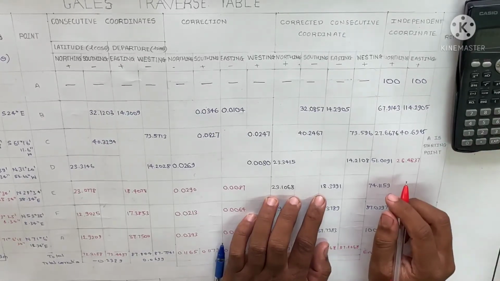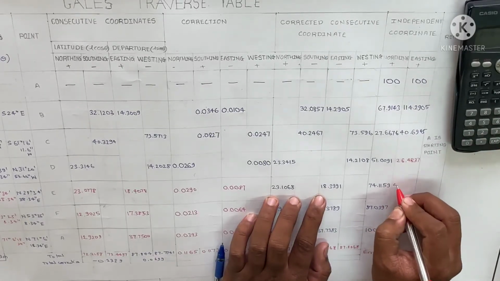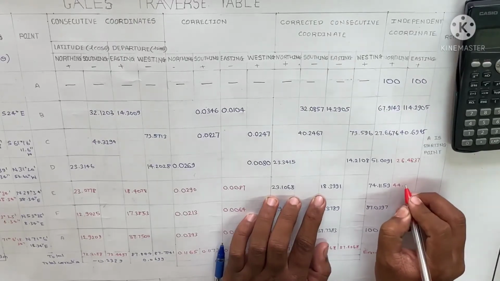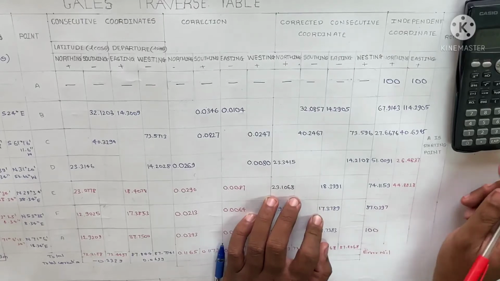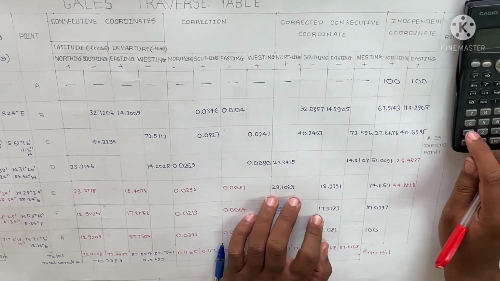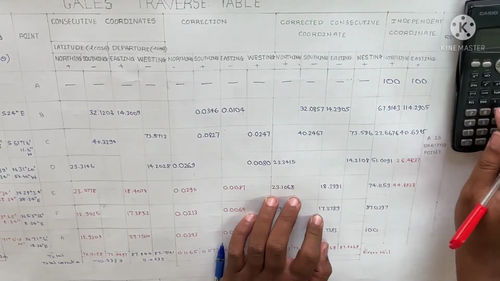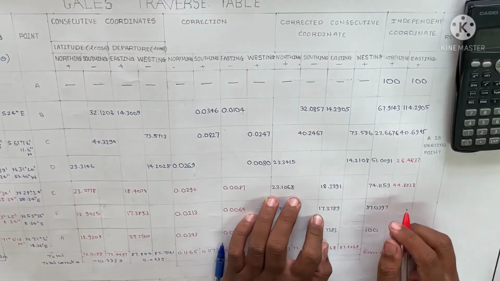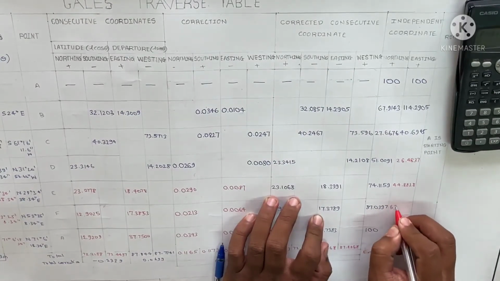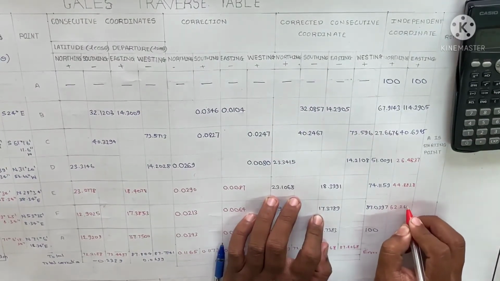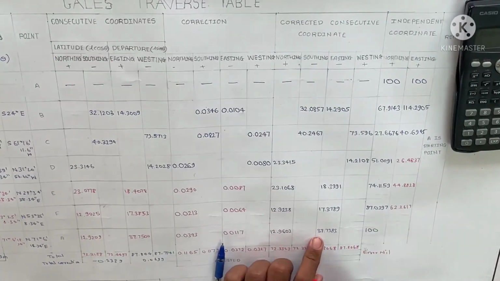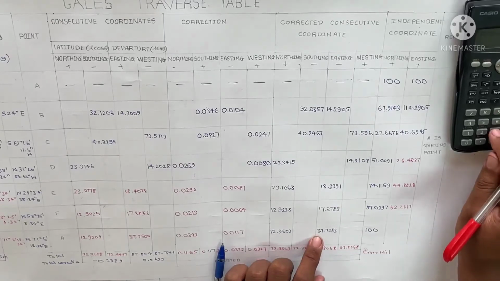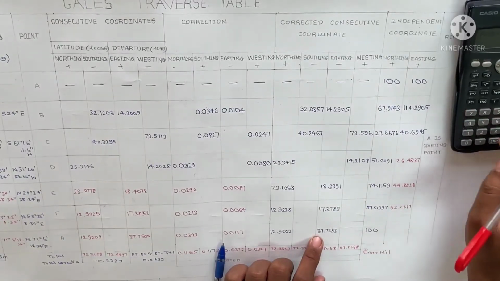Now again it is easting, so we add 18.3991, which comes out to be 44.8828. Again easting, we add 17.3789, which comes out to be 62.2617, and at the last we add 37.7383.